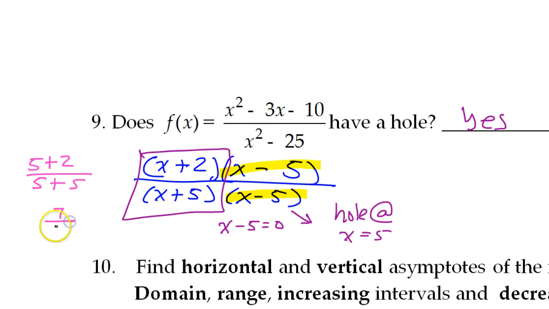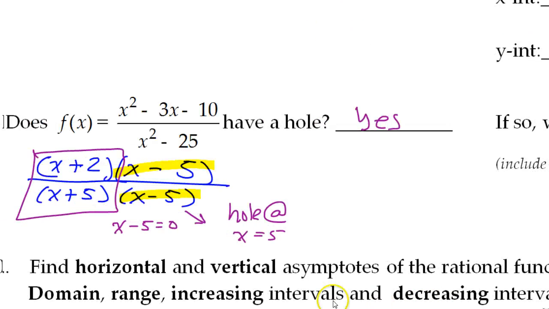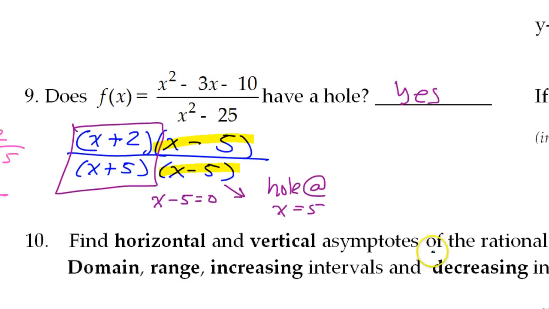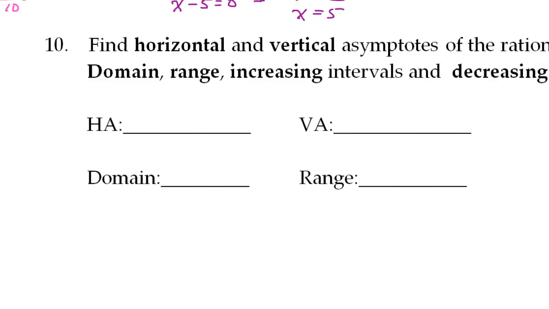So that's 7 over 10. That's easier than using a calculator anyway, so we should definitely do that. Alright, that's it for number 9. We're flying now, man. We're making good time.